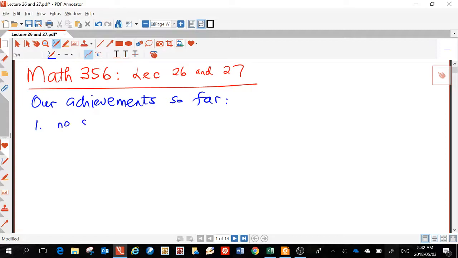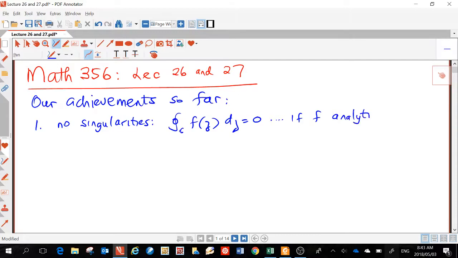If you have no singularities within a certain closed contour, then the line integral along the contour of f of z dz is precisely 0 if f is analytic or holomorphic in that region. This is called the Cauchy-Goursat theorem.